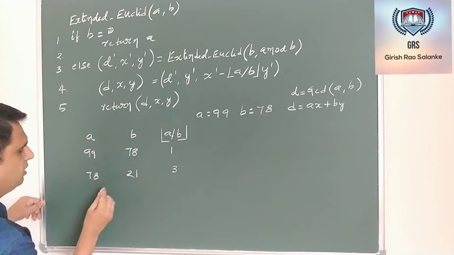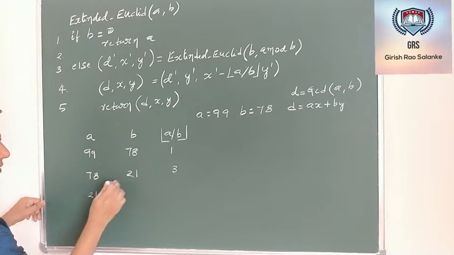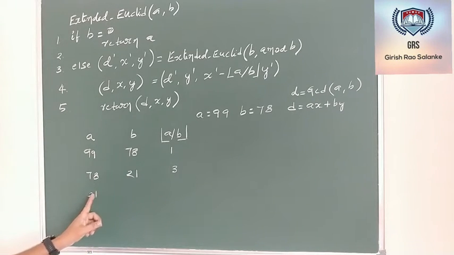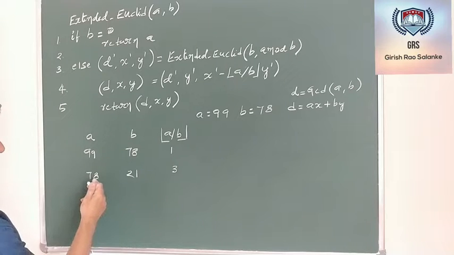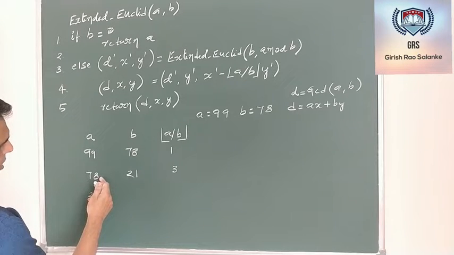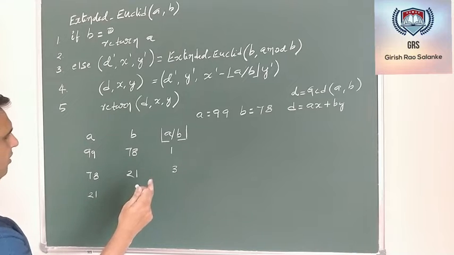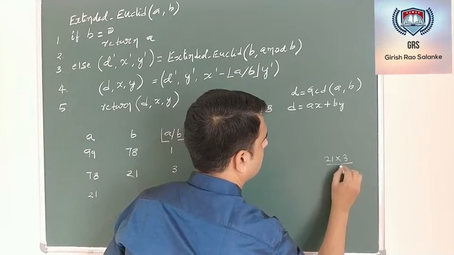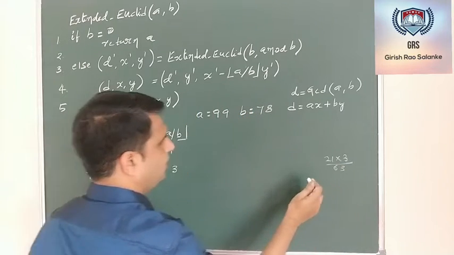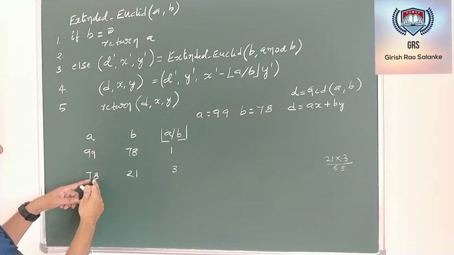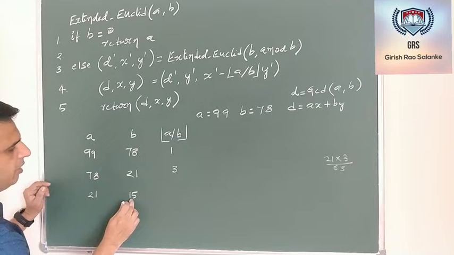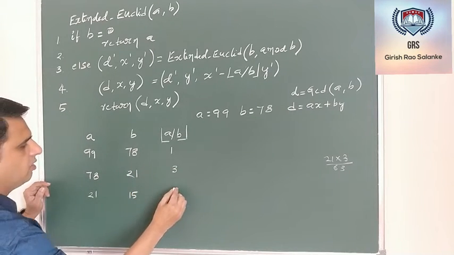Now in the next iteration, 21 will come here. Next is 78 mod 21. 21 threes are 63, and 78 minus 63 is 15. Now 21 divided by 15, its floor is 1.